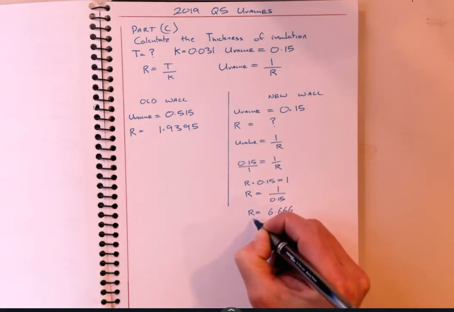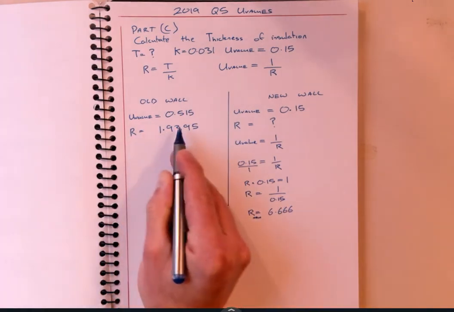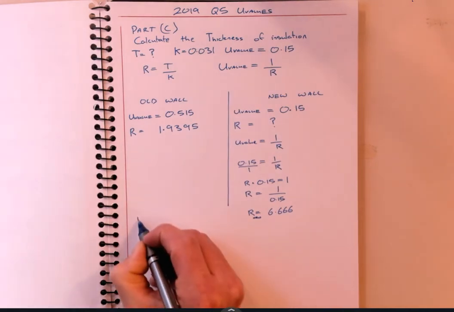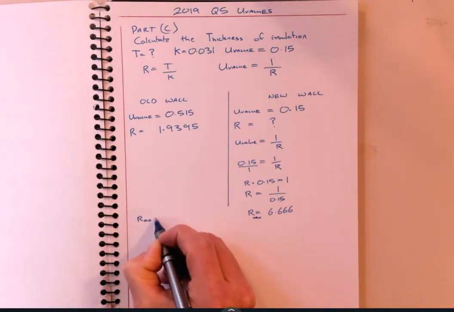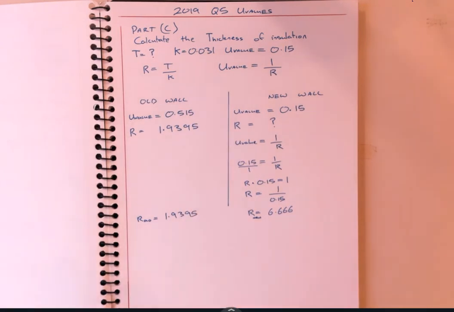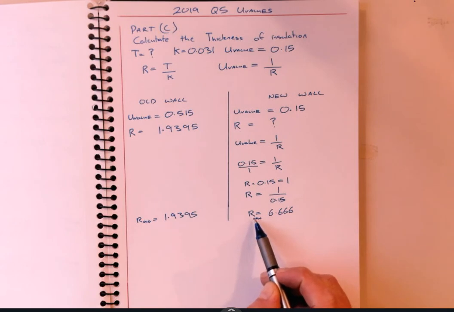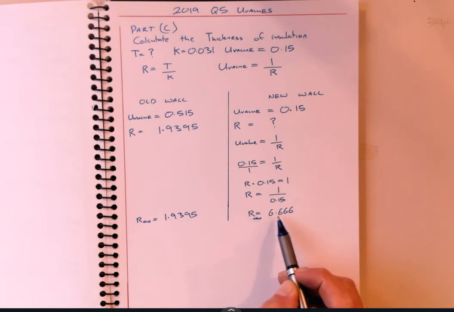So we'll call that R new. The old R, we had that from the start of the question, so the R old, we'll call it, is 1.9395. So this is the resistance the wall is putting up at the minute. This is the resistance we want the wall to put up after it's been insulated.